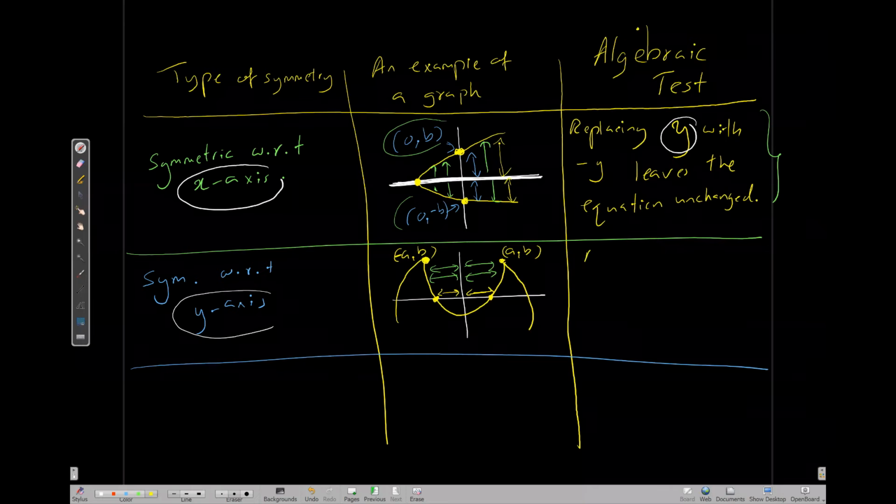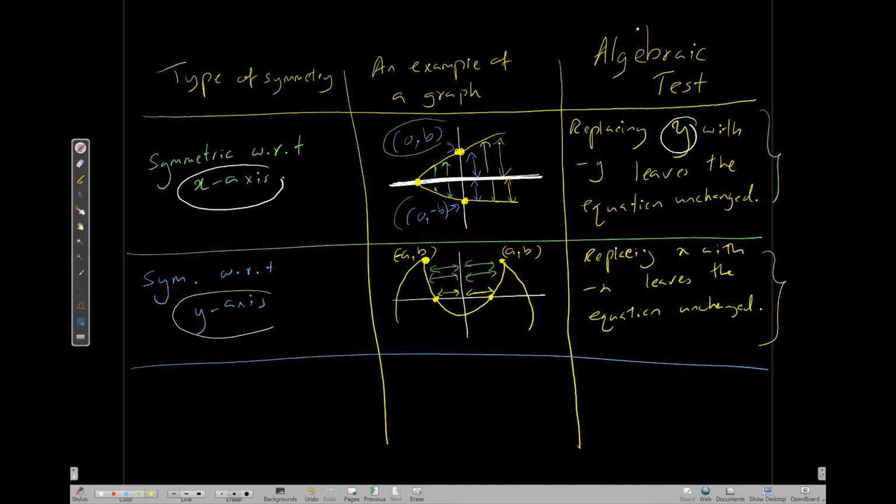So now, replacing x with negative x leaves the equation unchanged. So remember this.